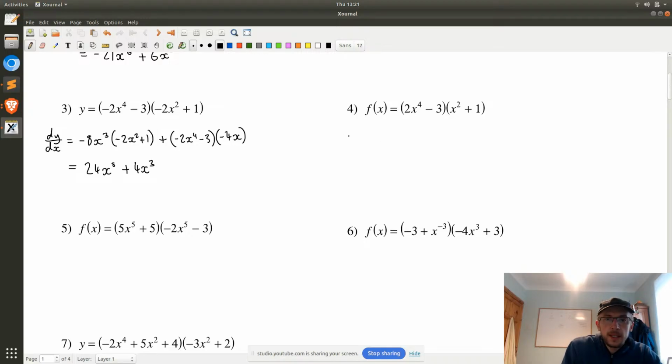Right there. And so now f prime of x, differentiate the first one, giving us 8x cubed. And now differentiate the second one.